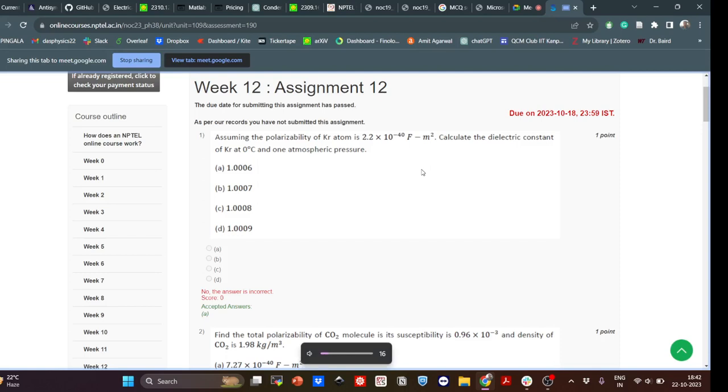So the first question. Assuming the polarizability, that is alpha, I need to find the dielectric constant, epsilon. Just let me write down the question.